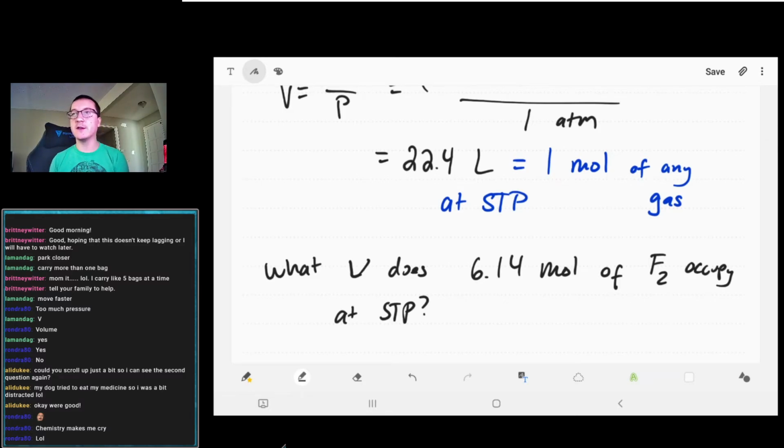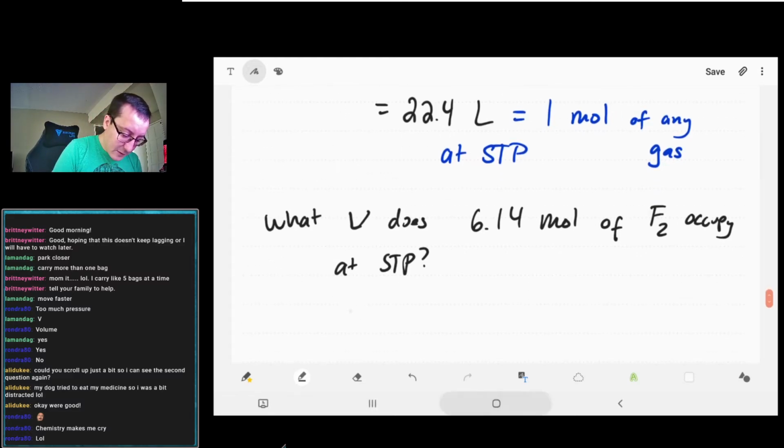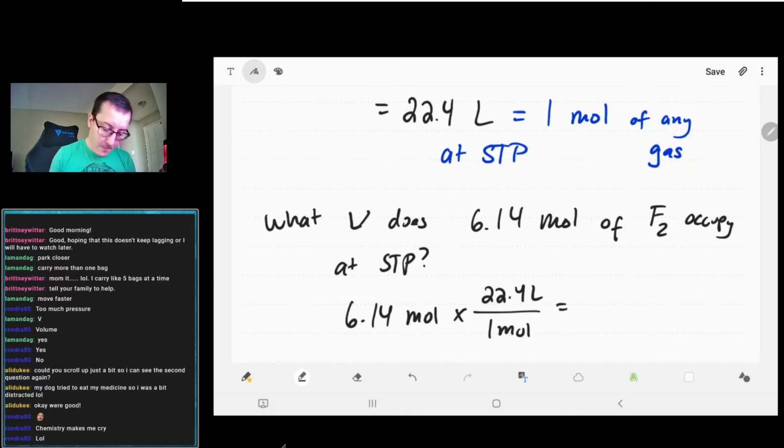However, you can save yourself a little bit of grief and just use this relationship that we just solved for. And so we would see in this case 6.14 times 22.4. This fluorine gas would occupy 138 liters.